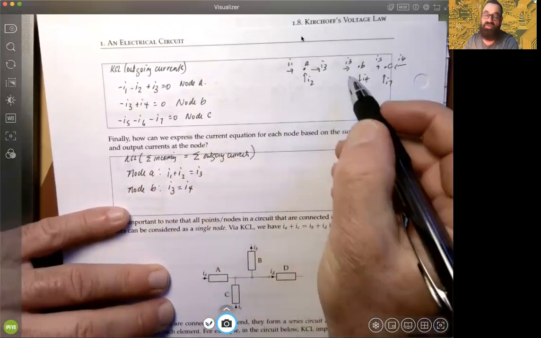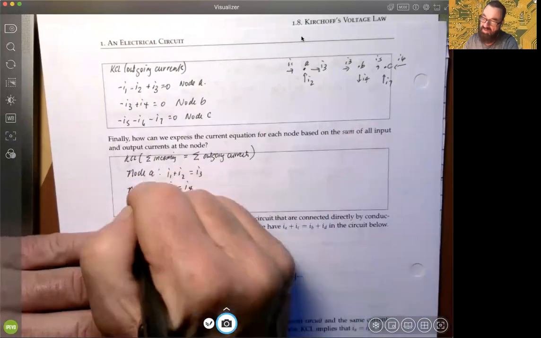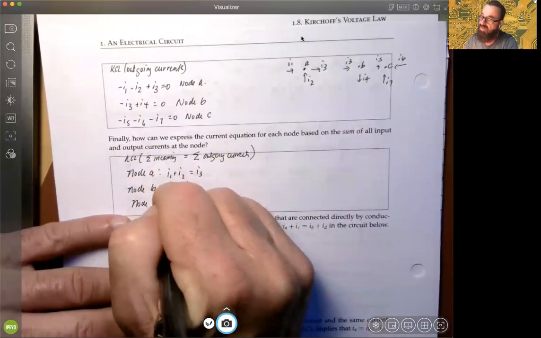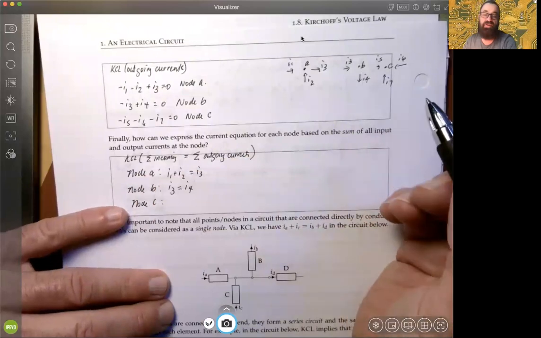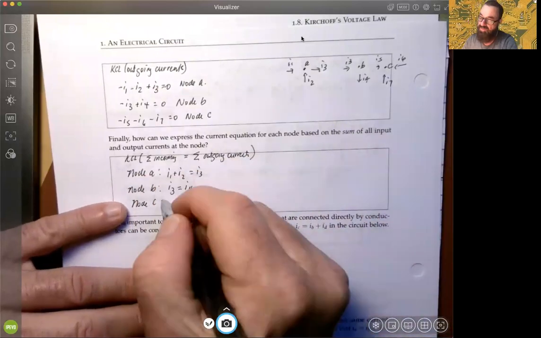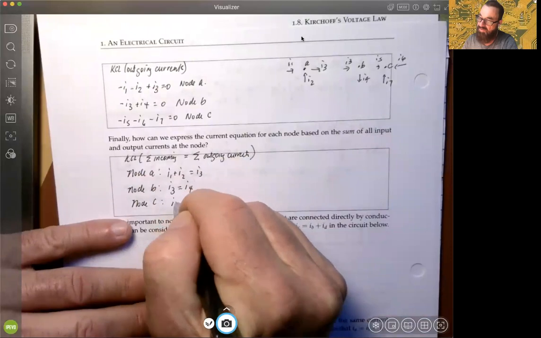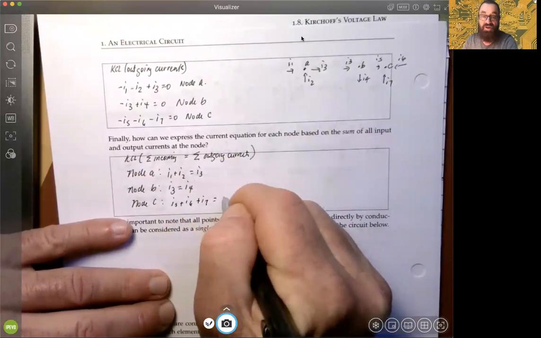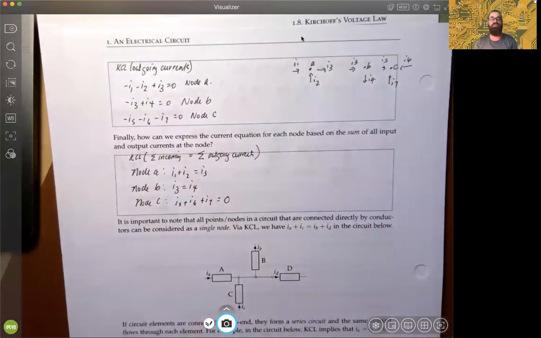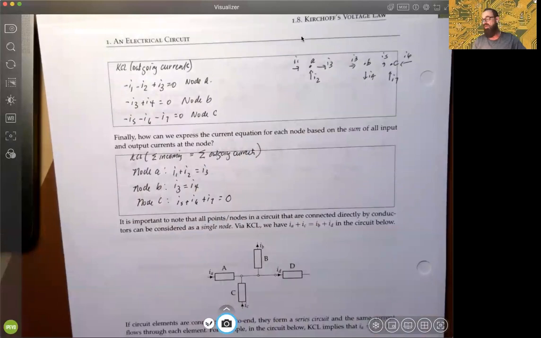Yep, because there's only one incoming and one outgoing. And then finally for node C, you have no outgoing currents, right? So from the perspective of incoming, you have I5 plus I6 plus I7 equals no outgoing currents, okay? Again, same as the other two representations.